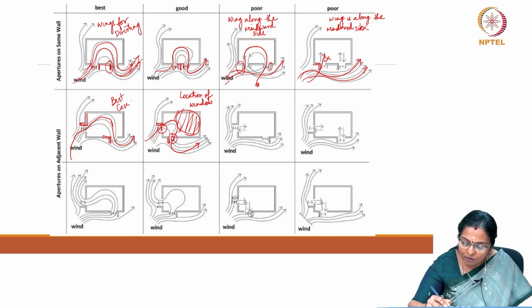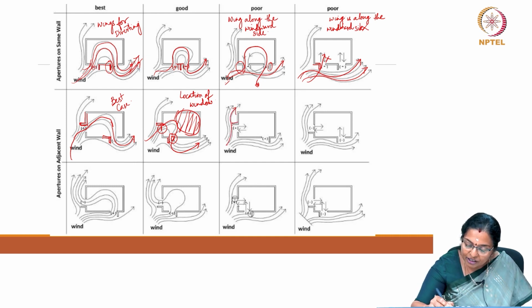A poor case scenario is this, where the wind is getting deflected due to this wing wall.